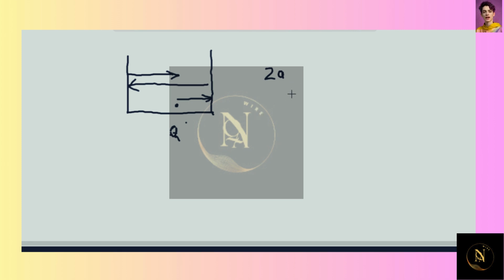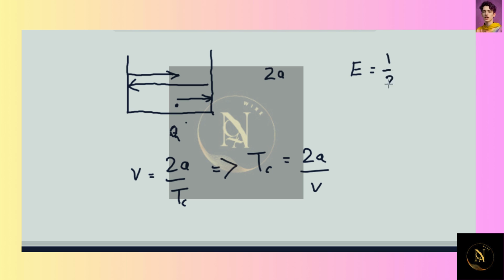So if the particle velocity is v, velocity is given by distance covered divided by the revival time T_c. That means the revival time T_c is given by 2a by v, where v is the velocity of the particle. Now for the energy, we have the expression that classical energy E equals half mv².